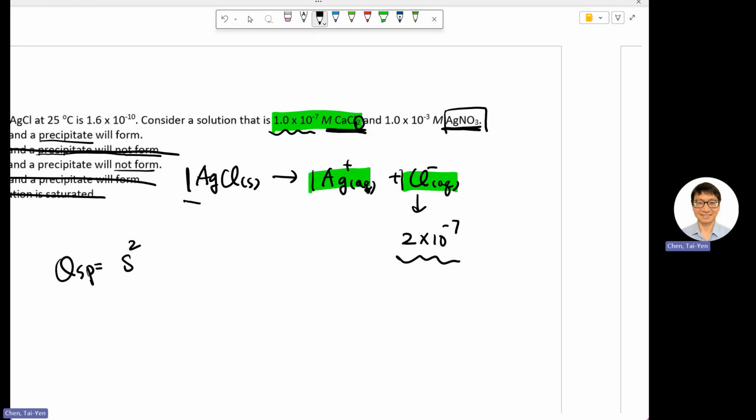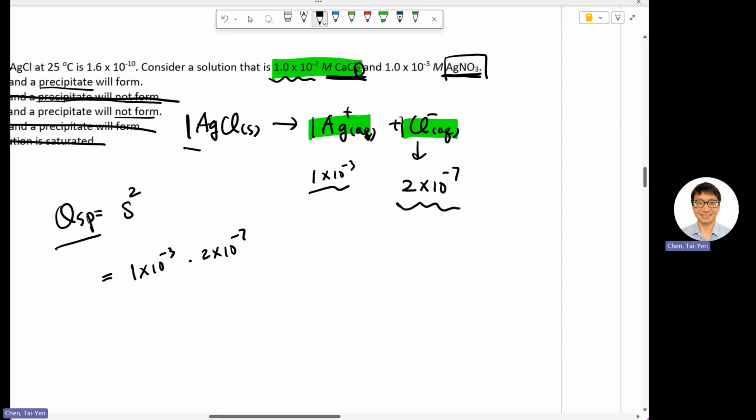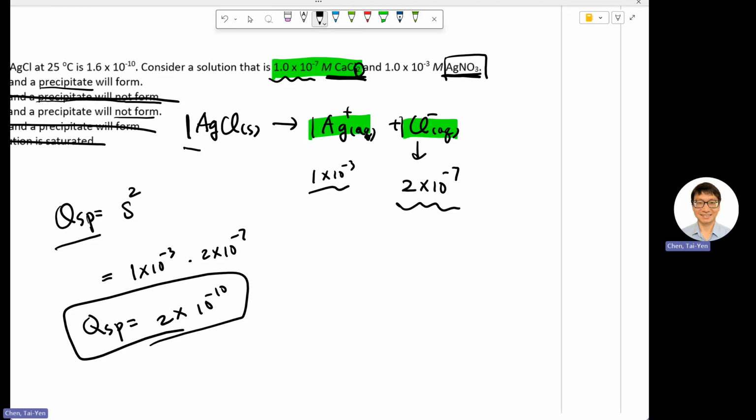Therefore, the concentration will simply equal 1 times 10 to the negative 3. Okay? Therefore, you know the QSP is equal to the concentration of your Ag+, which is 1 times 10 to the negative 3, times your Cl- at 2 times 10 to the negative 7. Therefore, your QSP will equal 2 times 10 to the negative 10, right? That is your QSP.